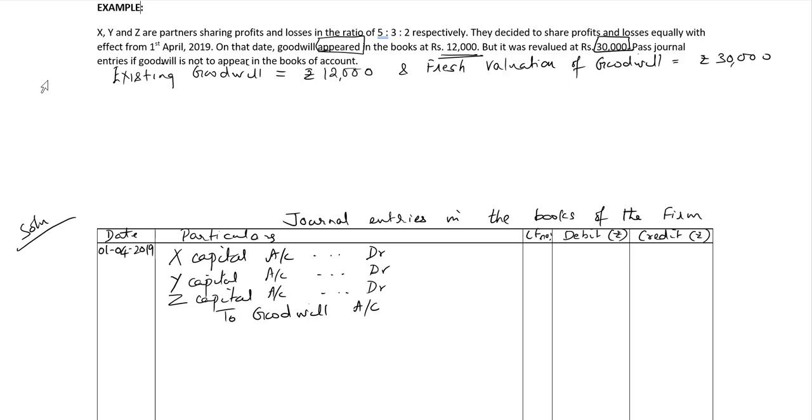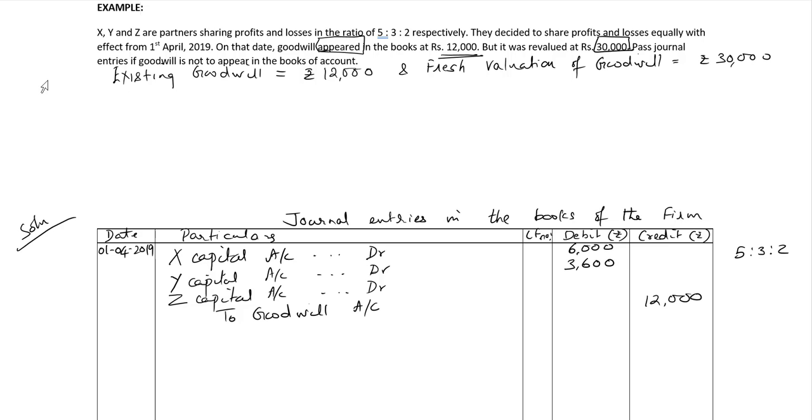The amount of existing goodwill is 12,000, and this has to be written off in 5:3:2. So for X, it's 12,000 into 5/10, rupees 6,000. For Y, it's 12,000 into 3/10, 3,600.